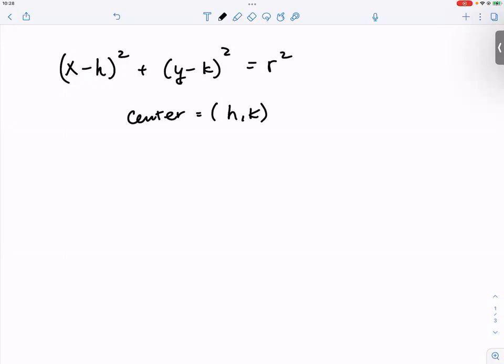For example, if I write down this equation, can you tell me the center? It will be -3 and +2. And what would be the most common mistake for people who did not study?